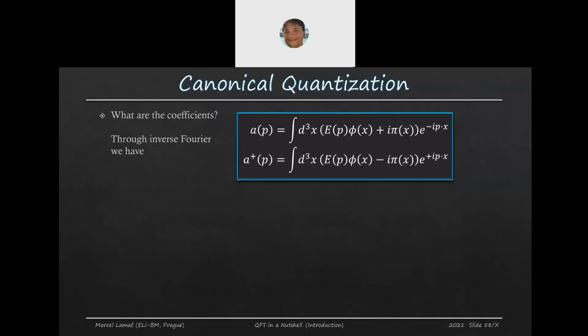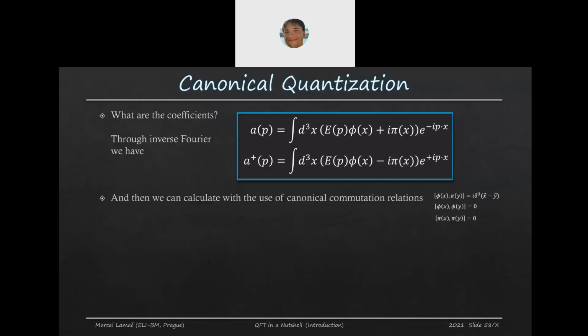And now, with the use of the canonical relations that we arrived at, thanks to Dirac's canonical quantization procedure, we can calculate the canonical commutation relation between these two functions, or operators, in fact, because then this will tell us something about what they are. We are literally just using these commutation relations, which give us delta functions or zeros, depending on what we are multiplying.